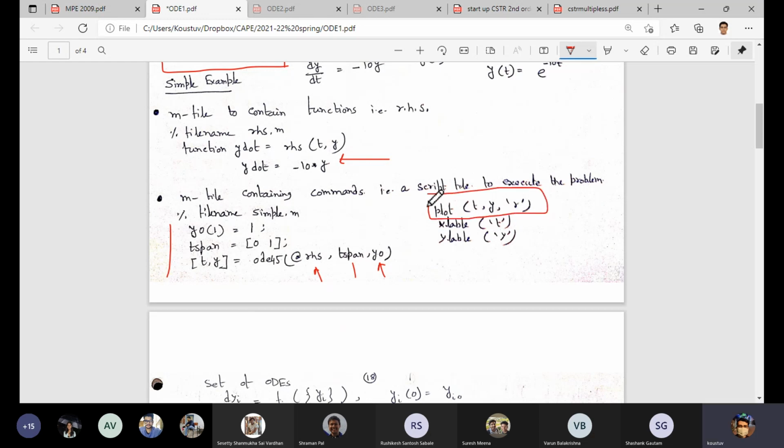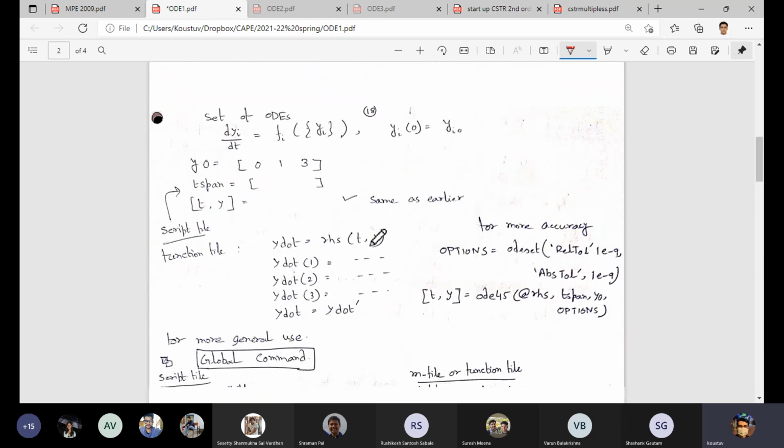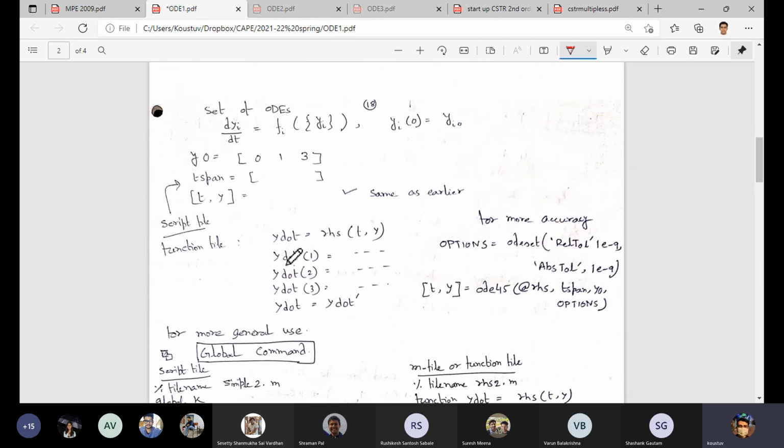So these are the two simple MATLAB files that we have written for this case. Now if it is more than one equation, we just have to keep adding lines; it will basically be a column vector with more than one line, so accordingly your modifications will be there in the MATLAB files.